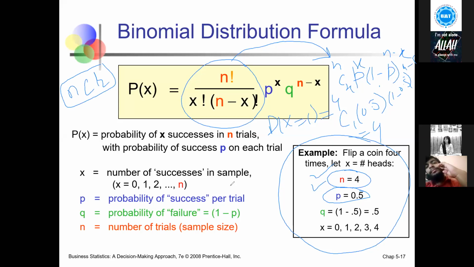So 4C1 is 4, 0.5 power 1 is 0.5, and 0.5 power 4 minus 1 is 3, so multiply by 0.5 cubed. You just multiply those values and you get the probability of one head when tossing 4 coins at a time.